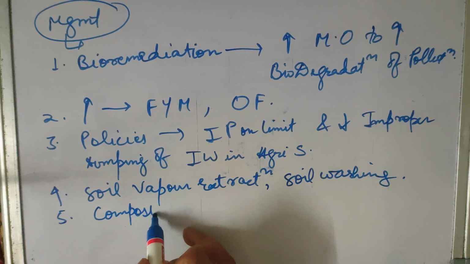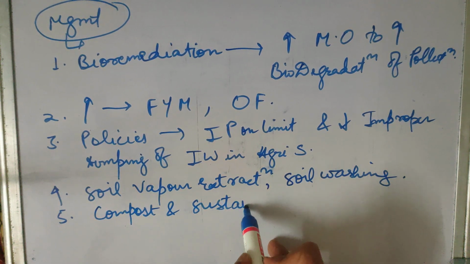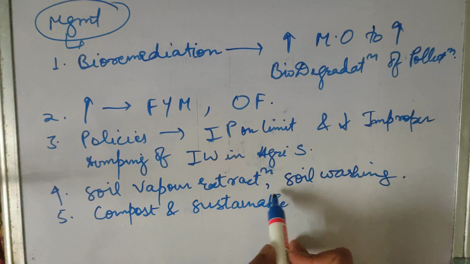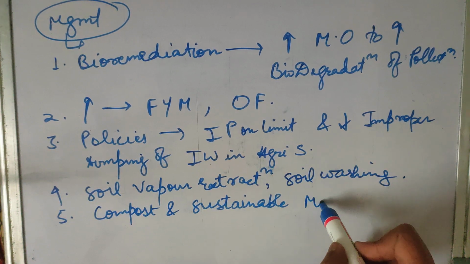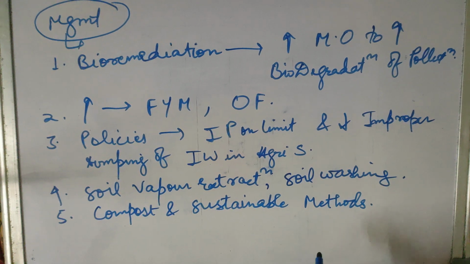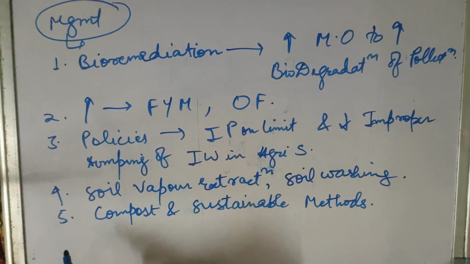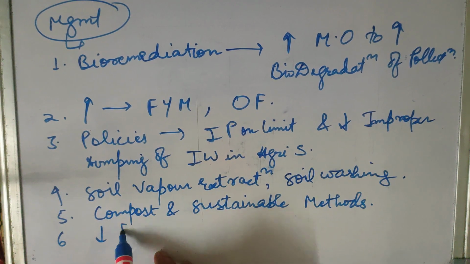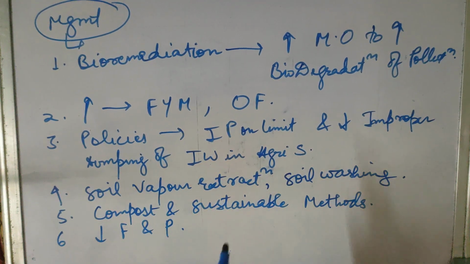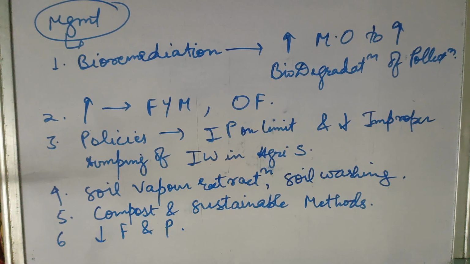Use of low fertilizers and pesticides to control soil pollution. So this is how we can manage industrial effluents.